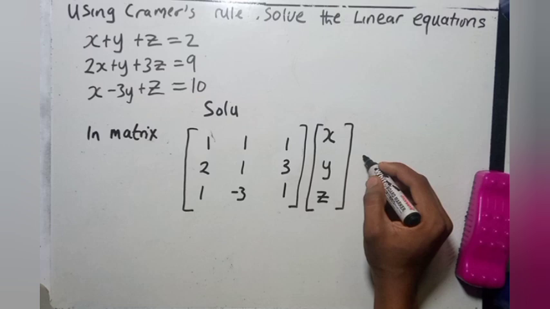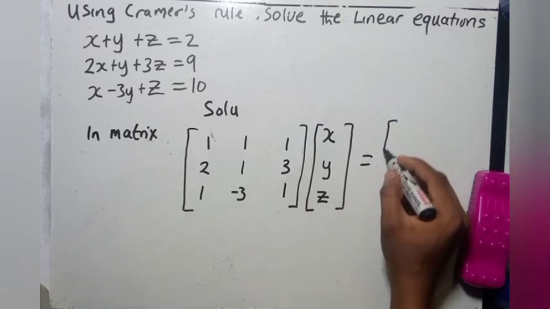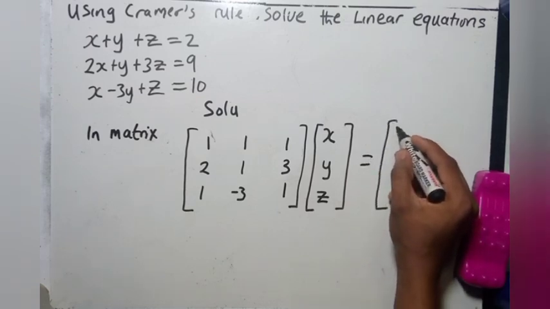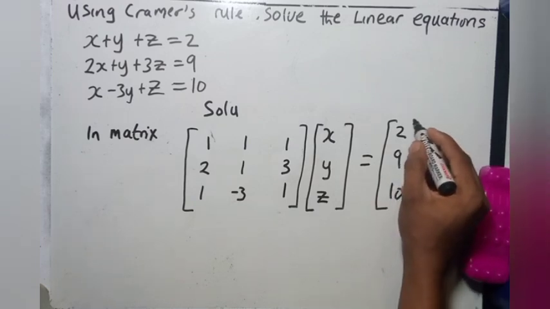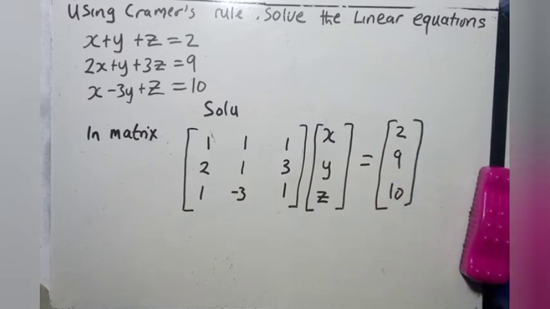And then we have all of it equal to 2, 9, 10. So this is our matrix form, this is how we represent it.